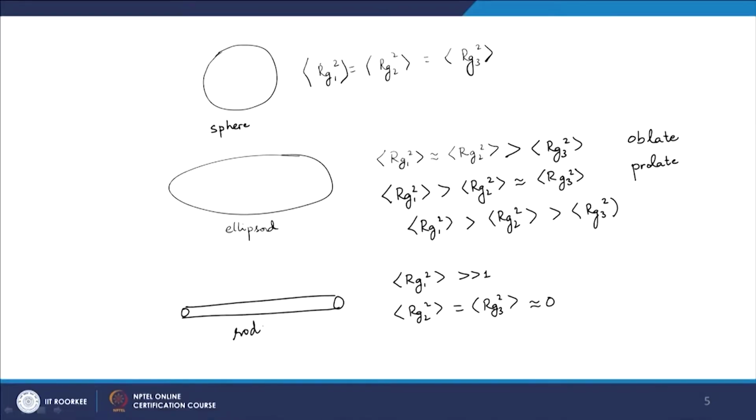Okay. So what this tells me is that these eigenvalues contain a measure of the shape, and we can characterize the anisotropy using these eigenvalues.